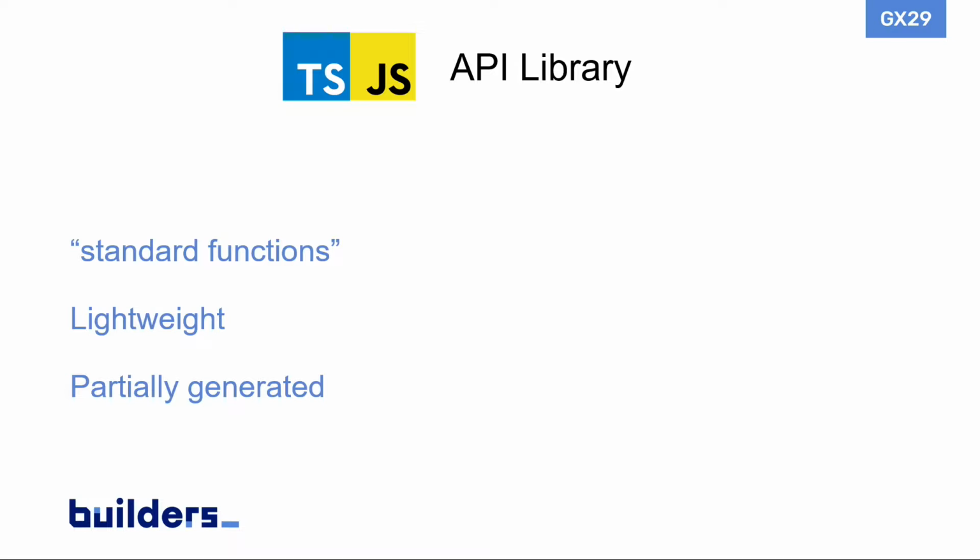all the other generators. The other pillar is the API library, also known as standard functions. The previous generators, the oldest GeneXus generators, well, at the beginning, everything was functions.